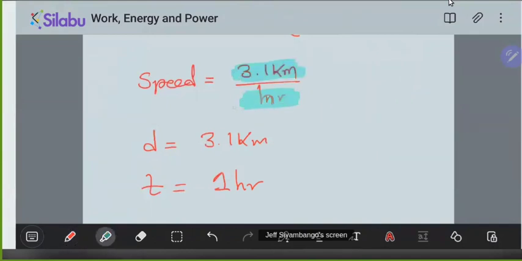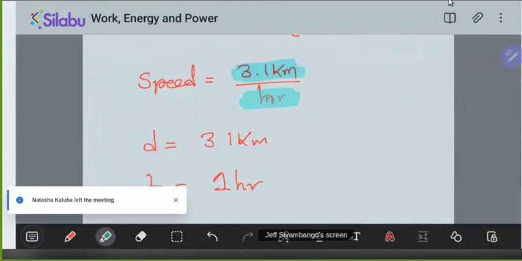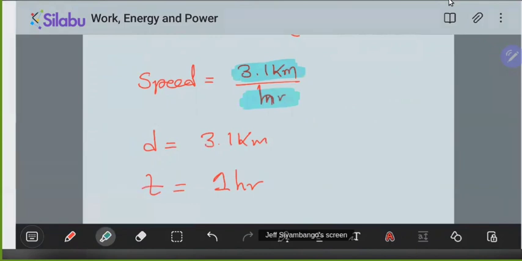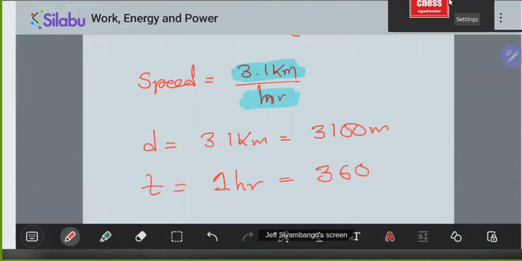The same way we use that rate, if the distance is 3.1, then our time has to be 1 hour. We can then express this distance in meters, 3100 meters, and this time in seconds. 1 hour contains 3,600 seconds.